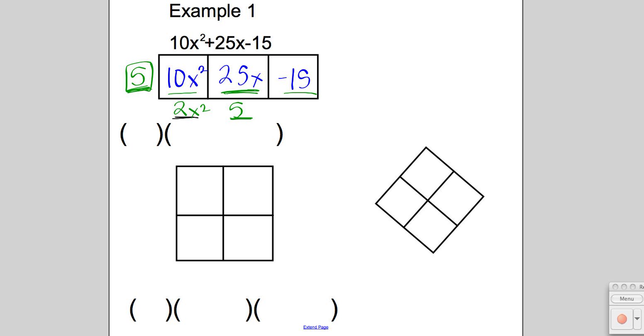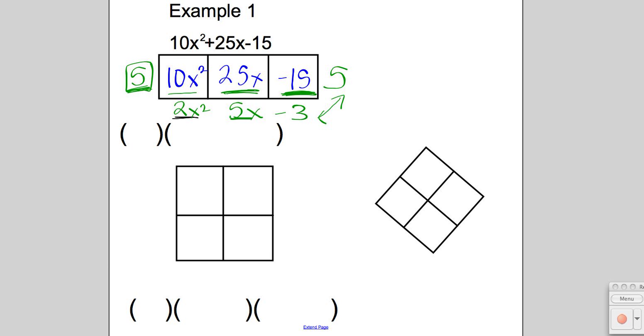Well, 5 times 5x gives me 25x. And then 5 times something gives me negative 15. 5 times negative 3. Check it: 5 times negative 3 gives me negative 15.